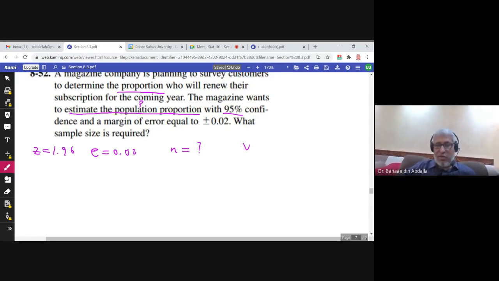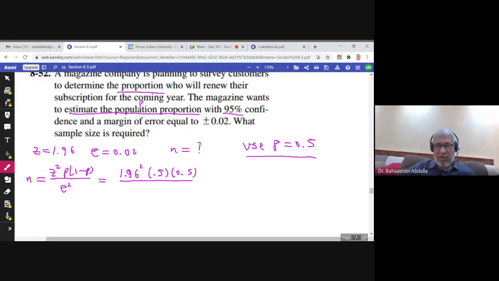So what we can do, we will use P as 0.5. So N by definition is Z squared times P times 1 minus P over E squared. So Z is 1.96 squared times 0.5 times 0.5. 1 minus 0.5 is 0.5 over 0.02 squared. And using the calculator, we get the answer, which is 2401.